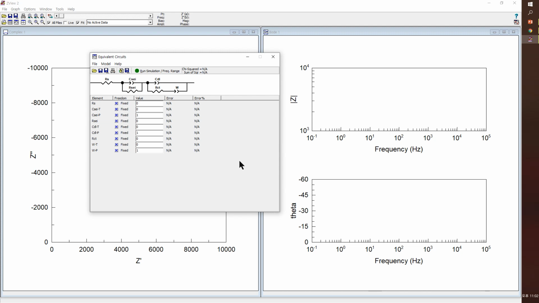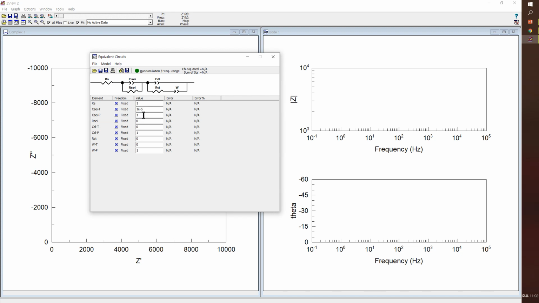Then let me input some values. Just follow me. Rs is 1 and SEI capacitance is 10 to the minus 5.